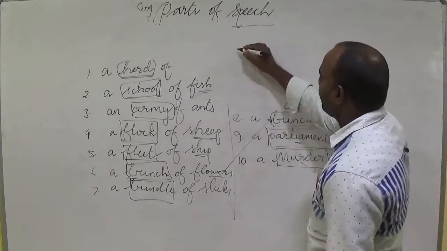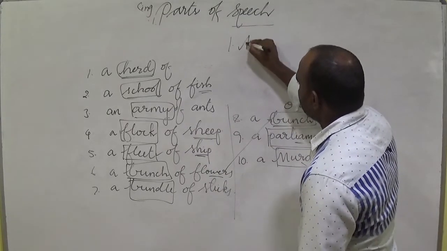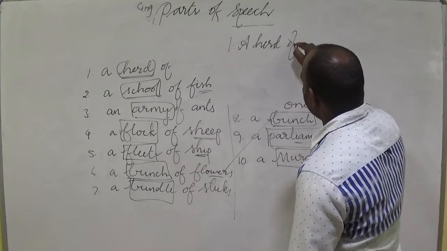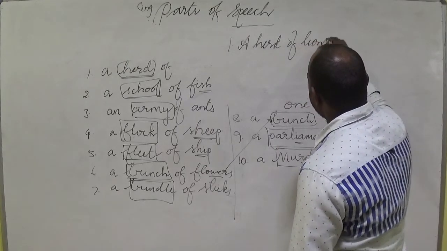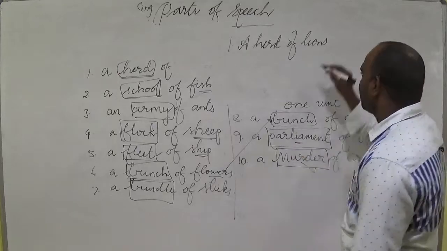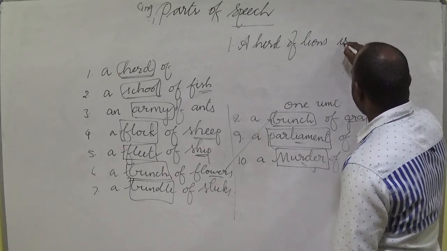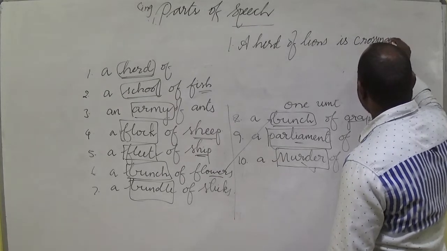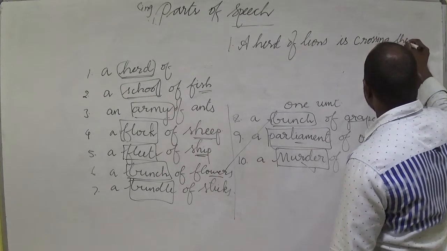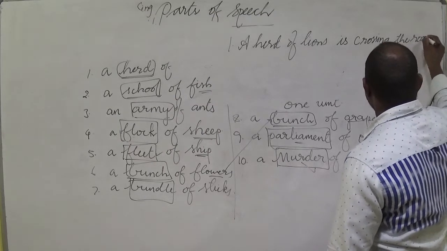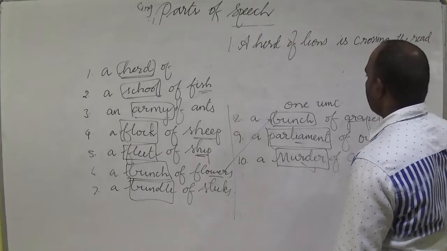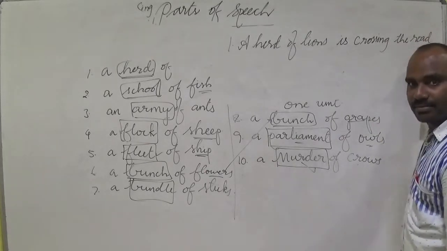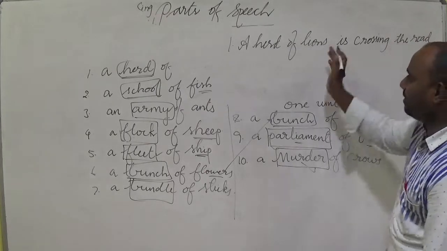For example, a herd of lions is crossing the road. Can you see this one? A herd of lions is crossing the road.